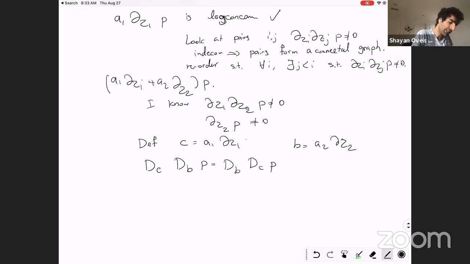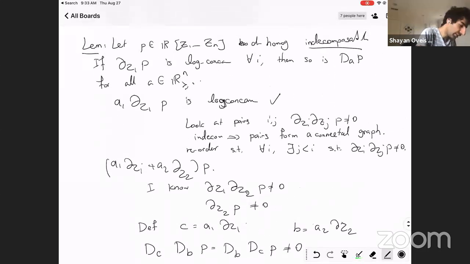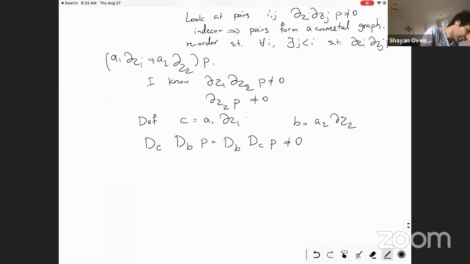So I know dC dB is equal to dB dC, and that's not equal to 0. Now I can use the previous lemma to say that d of B plus C of P, which is really dB plus dC of P, is log concave.